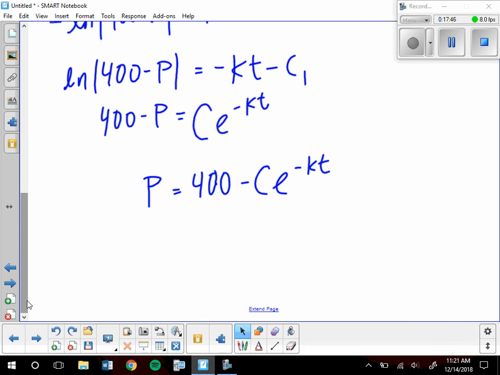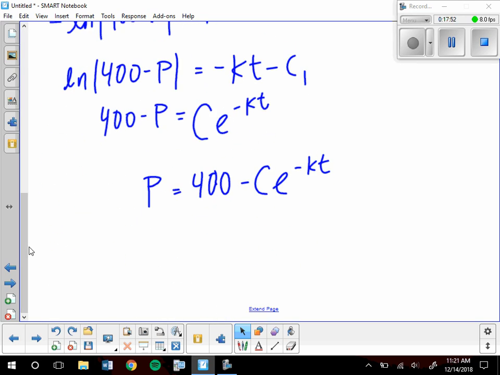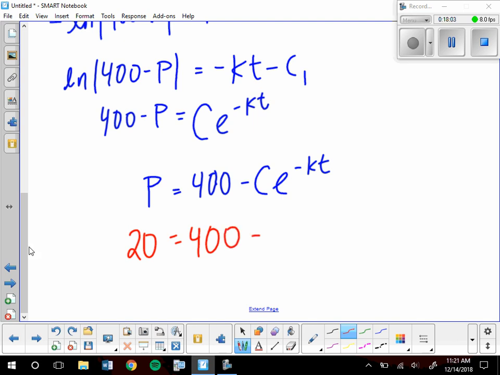I can use my initial population of, what was it, 20, to solve for c. So I'm going to let the population be 20 when t is 0. So I know that's going to be e to the 0, which is just 1.